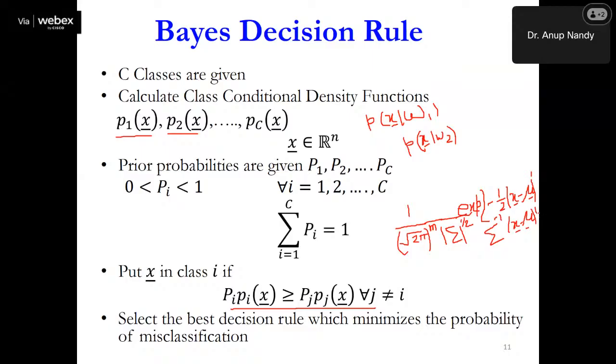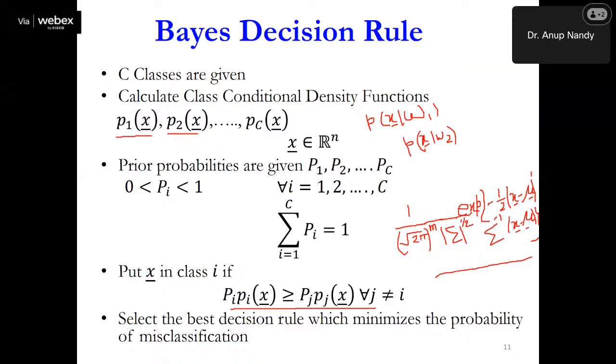So this is what you need to calculate: 1 by root over (2 pi)^m, determinant of sigma to the power half, and for (x minus mu) transpose, this entire expression that I need to calculate.